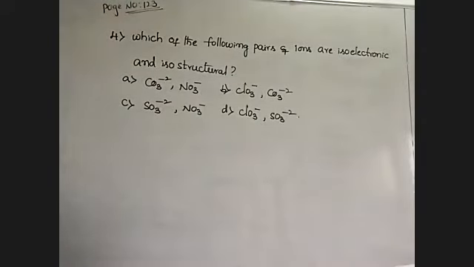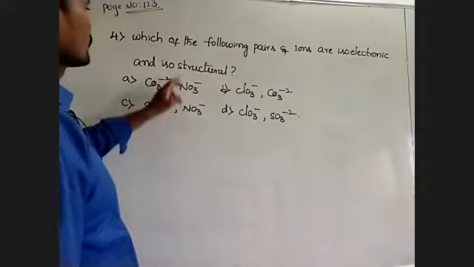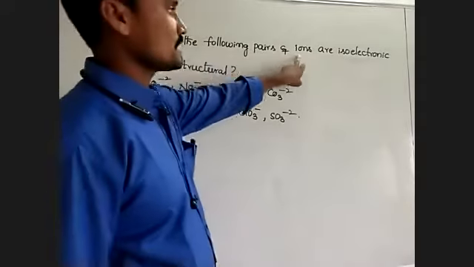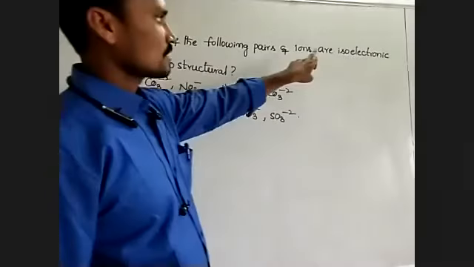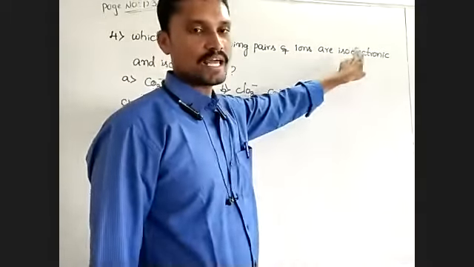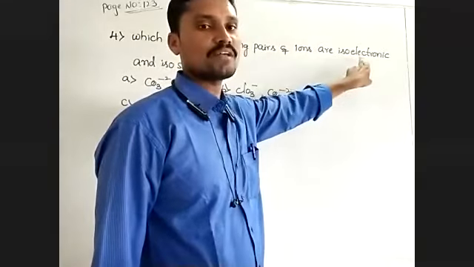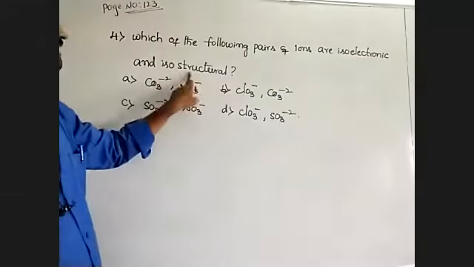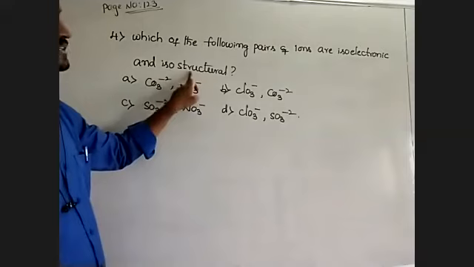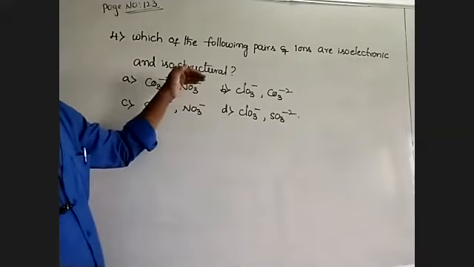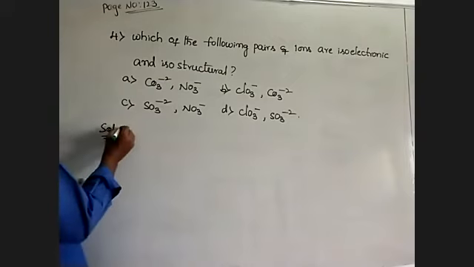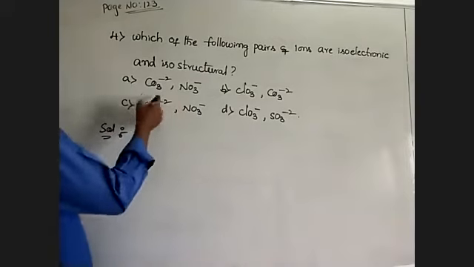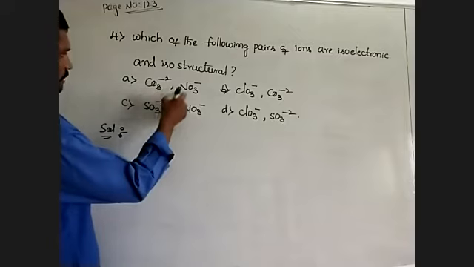So among these here, which of the following pairs of ions are isoelectronic and isostructural? Iso means same. Isoelectronic means same number of electrons. Isostructural means same type of structure, or equal structure. So here, coming to the solution, we take the first pair, that is CO3 2- and NO3 minus.